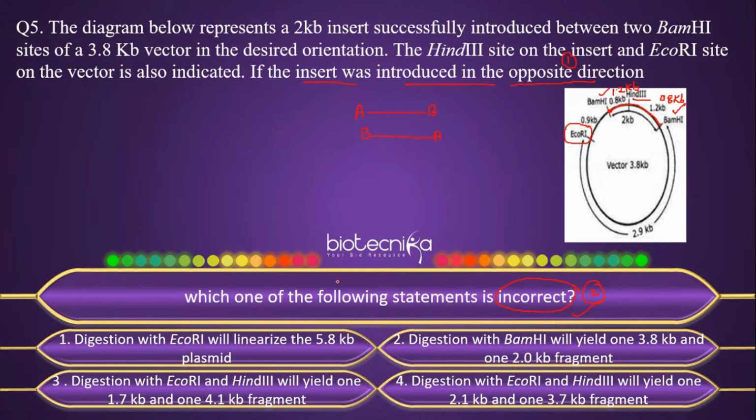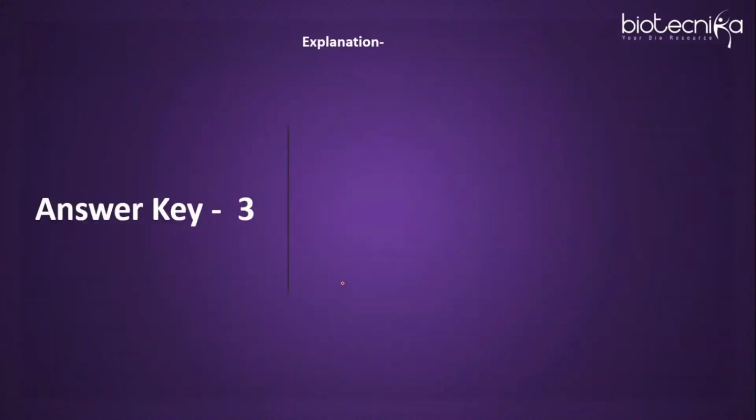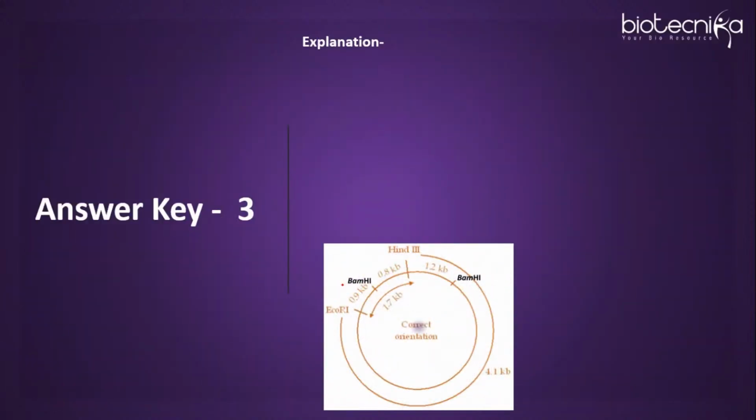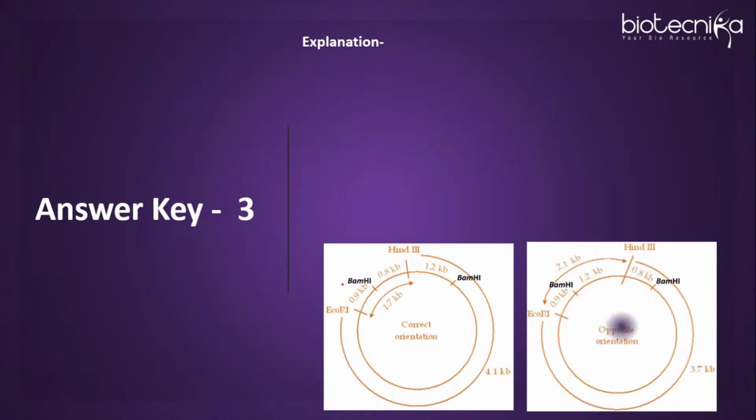So the strategy to answer this question is, please redraw the diagram based on the information given in the question. You're getting my point? This is the correct orientation given in the question. You have to draw the opposite orientation and check the statements based on this opposite orientation, not on the basis of the correct orientation. Clear?